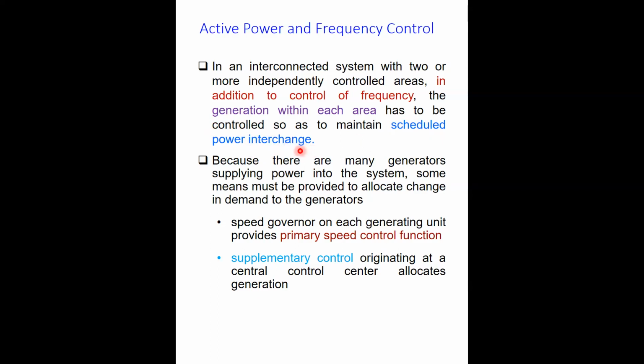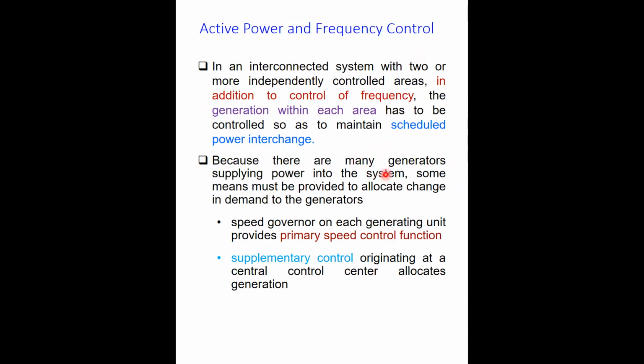So you may have several interconnected areas, right? But we will have two or more control areas to have the change in the generation, and thereby the demand being met, and thus maintain the scheduled amount of power flow through the tie line that connects the areas.